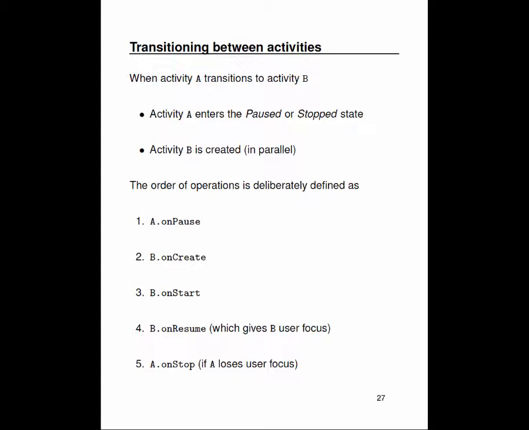Then B is created, started, and resumed, which fully launches the B activity and lets the user interact with it. And then A is stopped, if A loses user focus. I figured A would just lose user focus anyway. Okay.